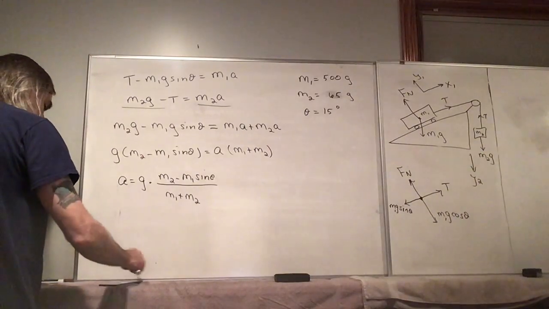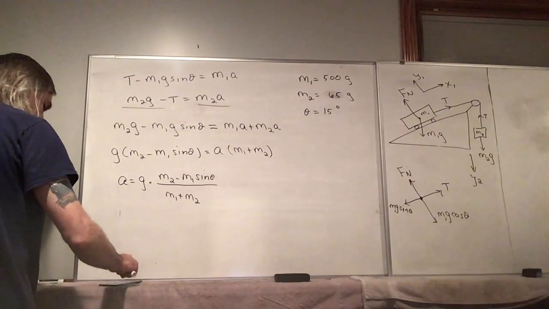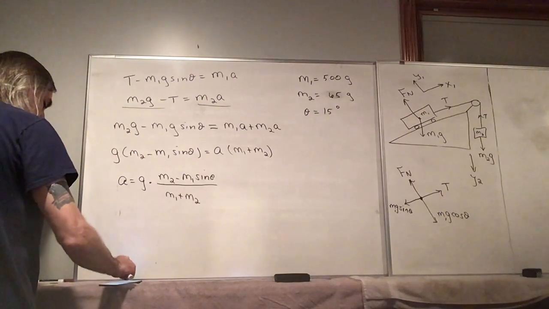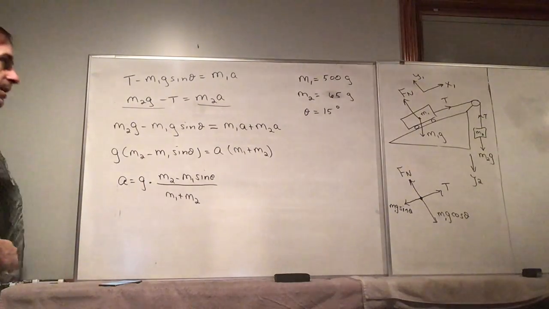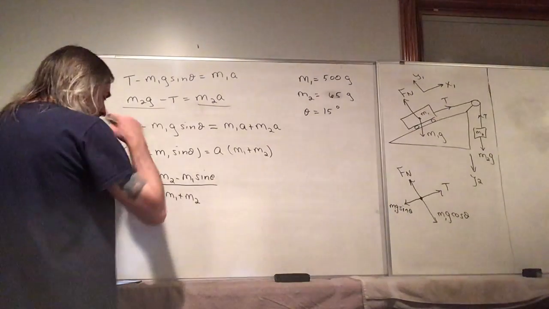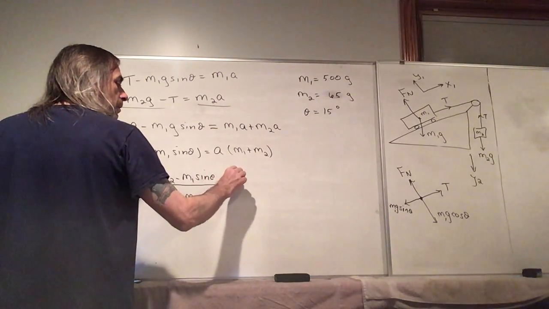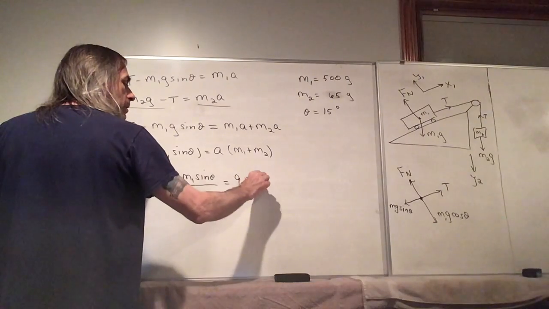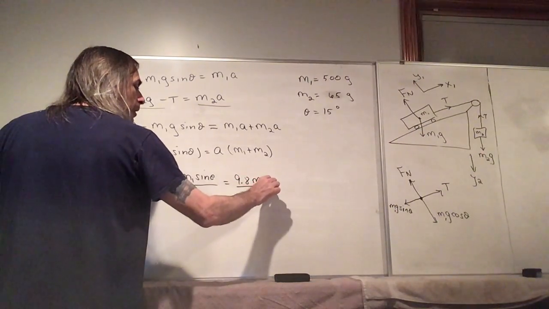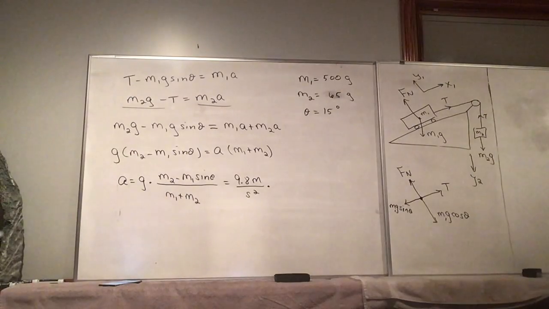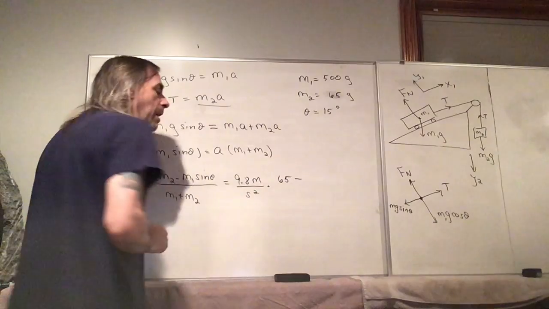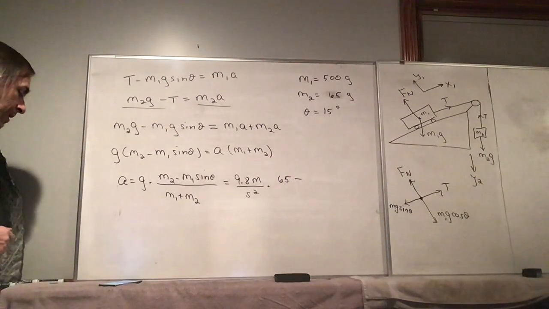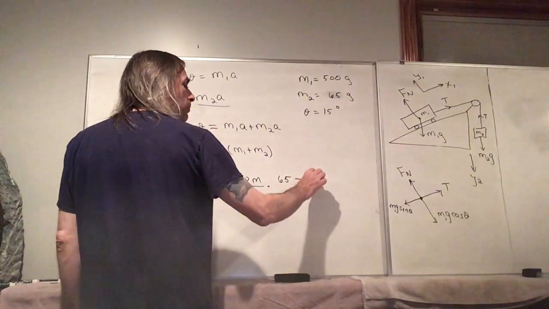So we do 500 times sine of 15 degrees, which is 129.4. So here we've got 9.8 meters per second squared. And then we have m2, which is 65. I'm going to leave the units off because we know top and bottom are both in grams. And then minus 129.4.